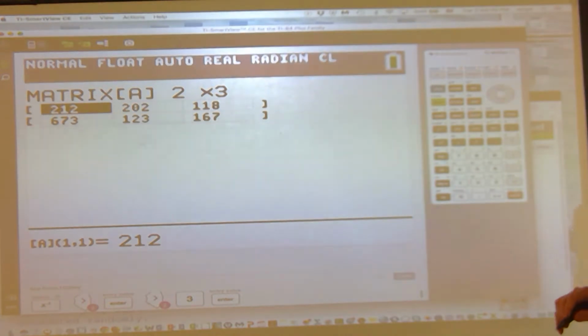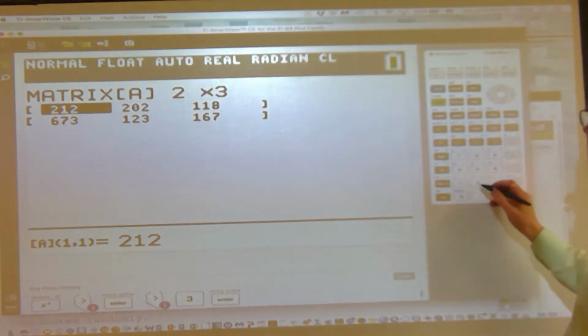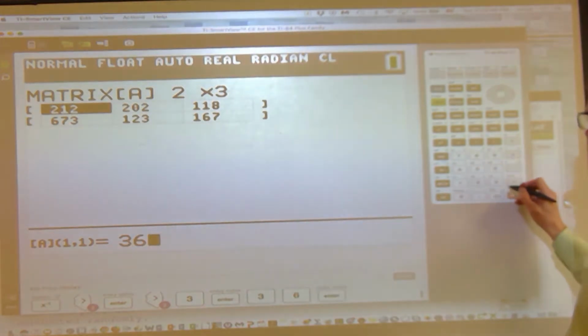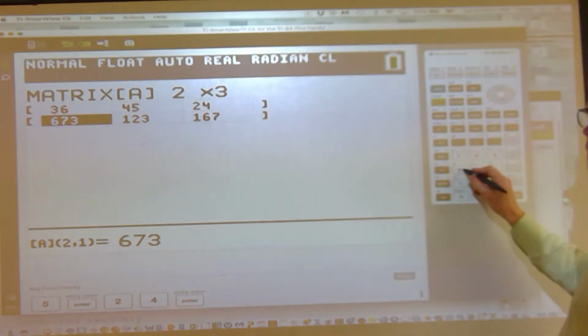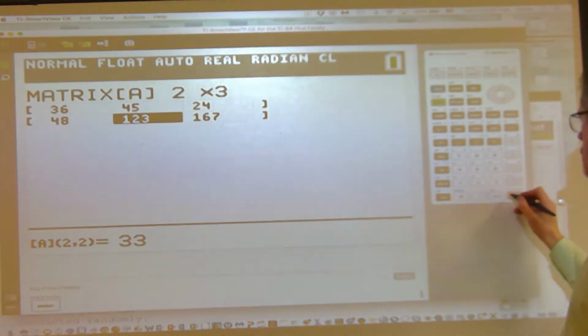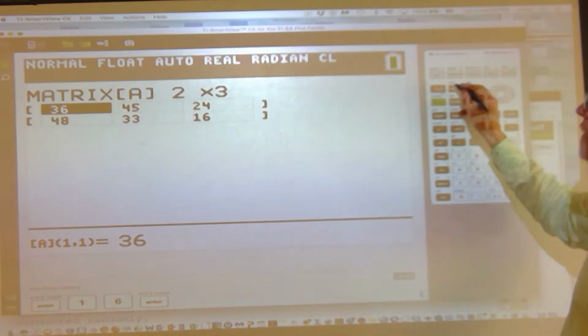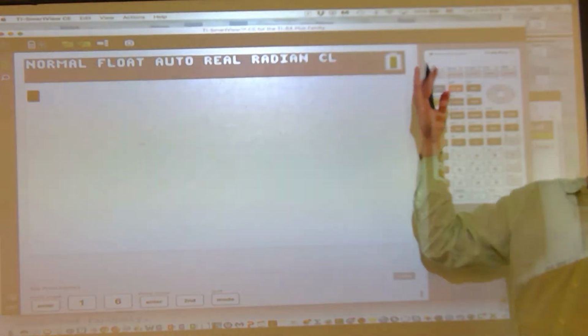So what is row 1 of the given information? 36, 45, 24. And row 2? 48, 33, 16. Okay, so that's all you need to run a chi-square test for independence.